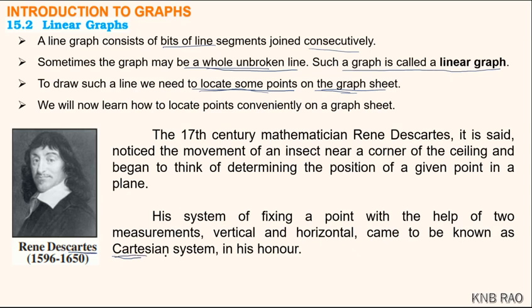So it is called either Cartesian system or coordinate system. In honor of René Descartes, the coordinate system is called the Cartesian system. So, we will use vertical and horizontal number lines and fix or locate a point on them.